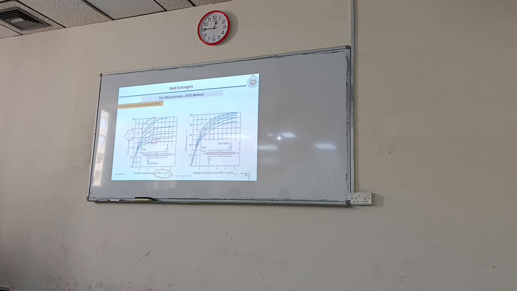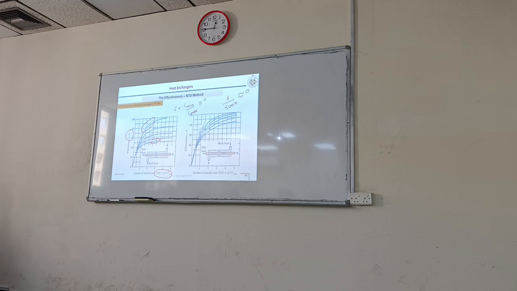C is equal to 1 is clear: both fluids have the same m cp product. C equal to 0 means C minimum over C maximum approaching 0. It means C minimum is, for example, 1, and C maximum is, for example, 5,000.